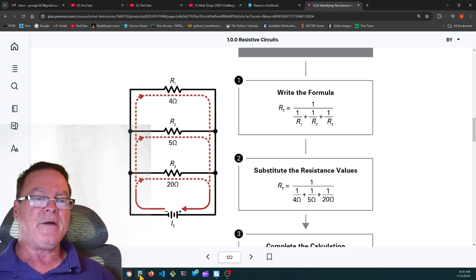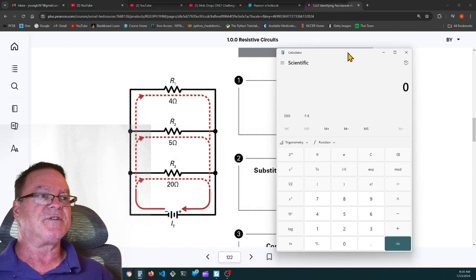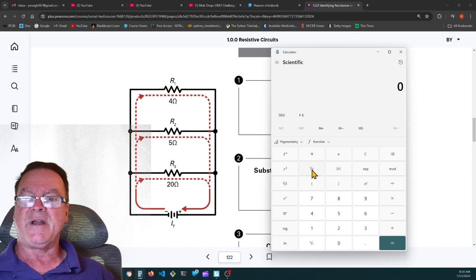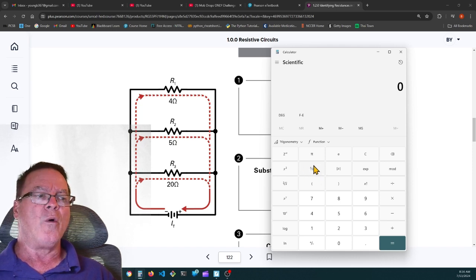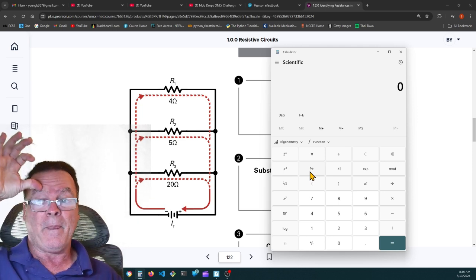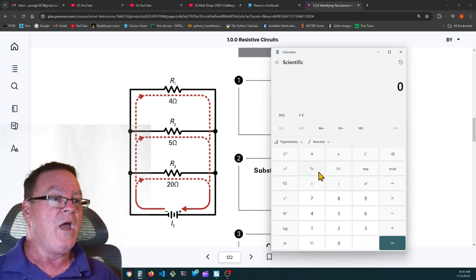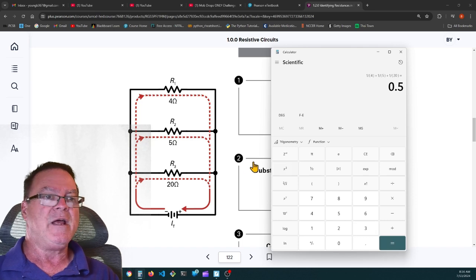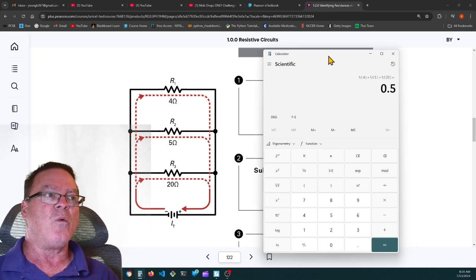On your calculator, you just use the reciprocal button. Here it is right here. It's 1 over x. 1 over x is the reciprocal button. Or you might have a calculator that says x to the negative 1 power, and that's also reciprocal. So in this example, we would say 4 reciprocal plus 5 reciprocal plus 20 reciprocal equals, and now we have to reciprocate one last time.